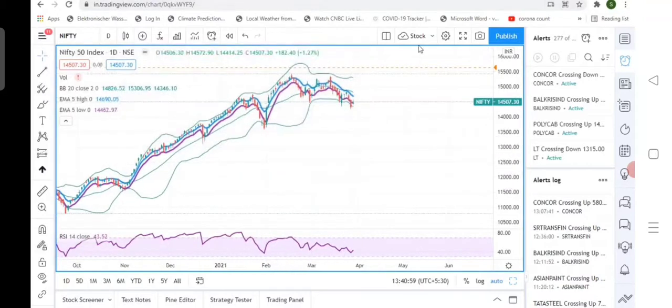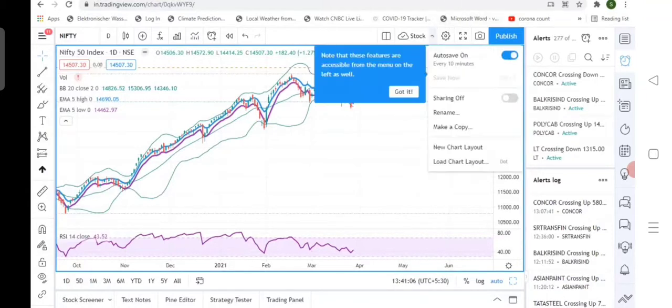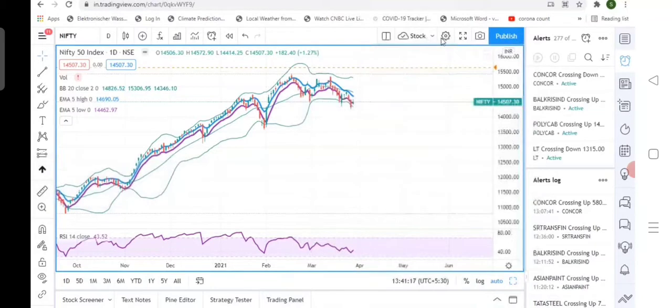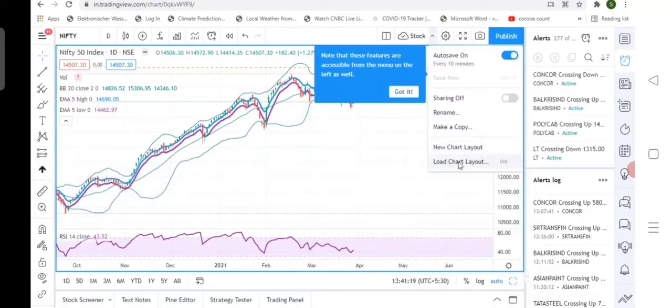Now I will not deal with this chart because it has all the indicators that we have not learned. We will go to a chart platform, and we will begin from there. Just a second. I will try to load a chart platform.